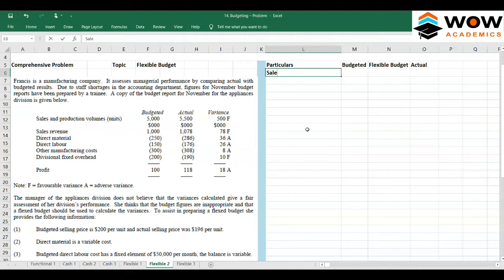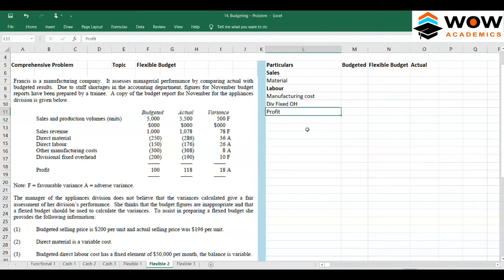So let's start. So sales, material, labor, manufacturing cost, and divisional fixed overhead, and finally they get profit.